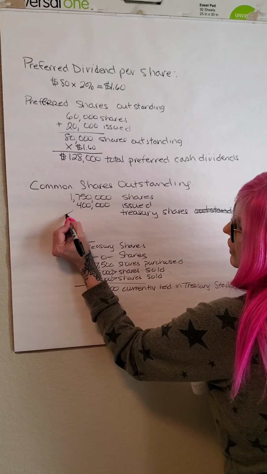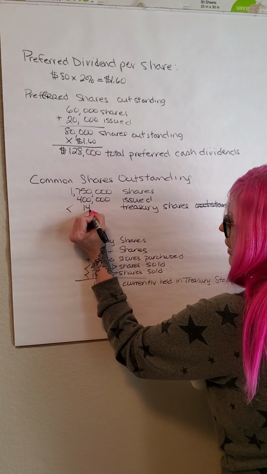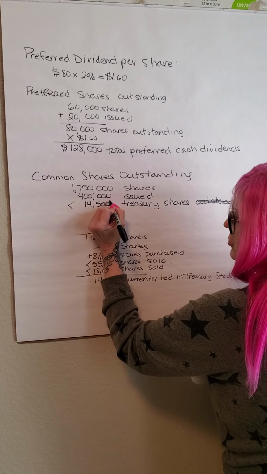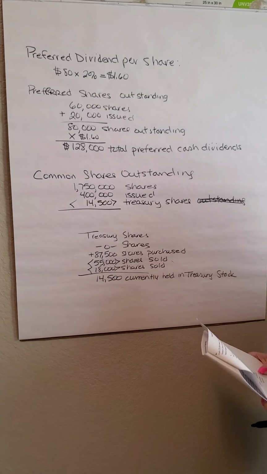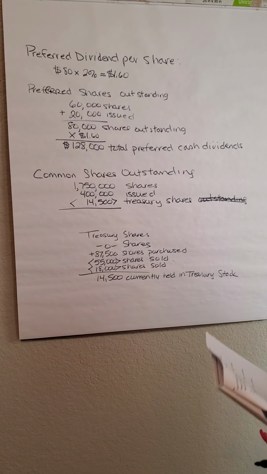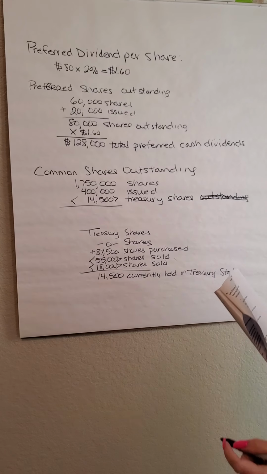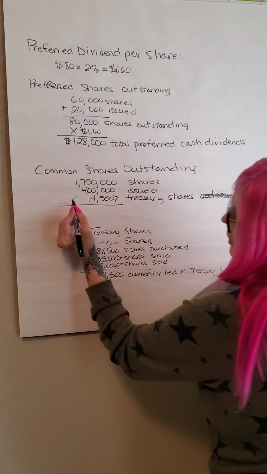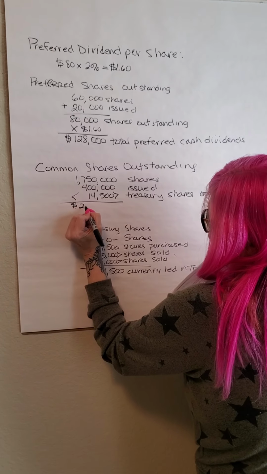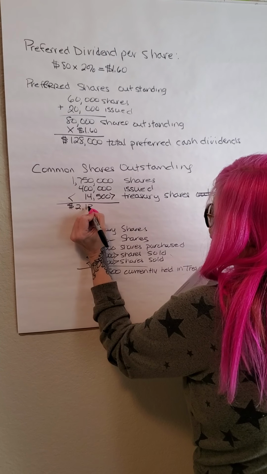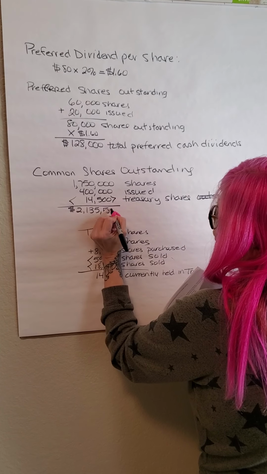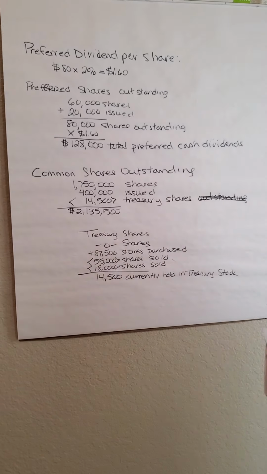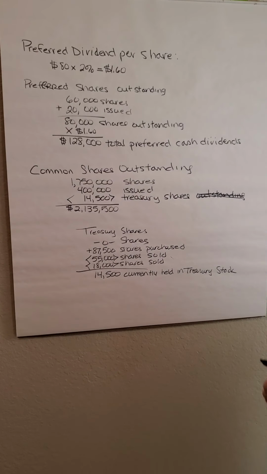So I'm going to put that here, 14,500 shares of treasury stock, which is going to give us total shares outstanding in stockholders' hands of 2,135,500.